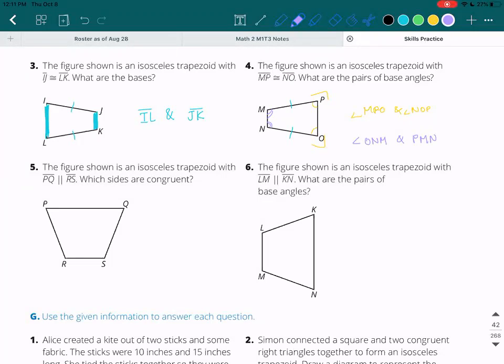The figure shows an isosceles trapezoid with PQ parallel to RS. Which sides are congruent? So the congruent sides are which ones, guys? Those two. We gotta name them.